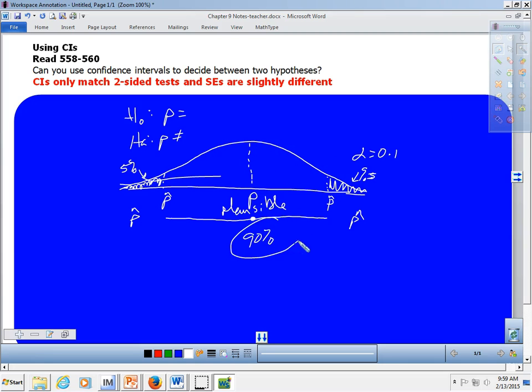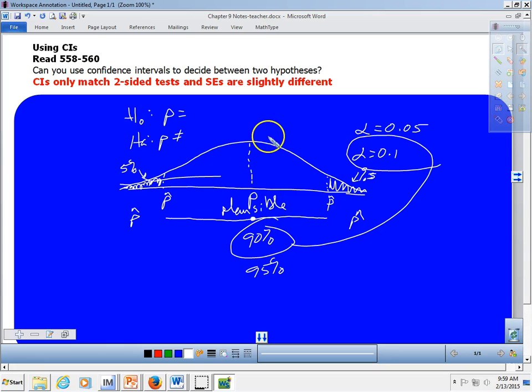Okay? So the link here is a 90% confidence interval is tied to a 10% alpha. And you could do this also. If our significance level was 0.05, then our 95% confidence interval would be linked to it, because we'd have 2.5% in these two tails, and that would be the link there.